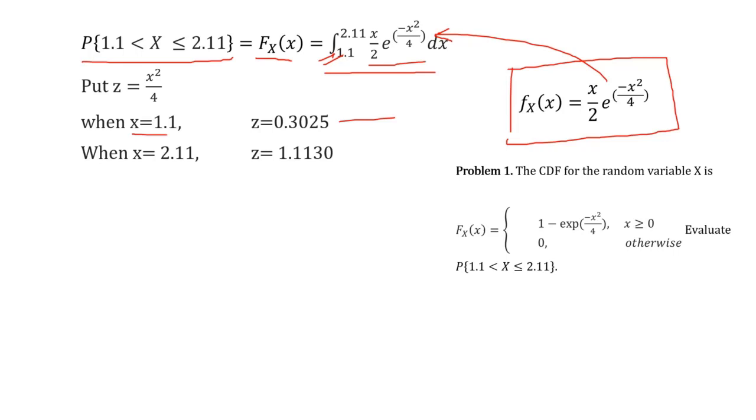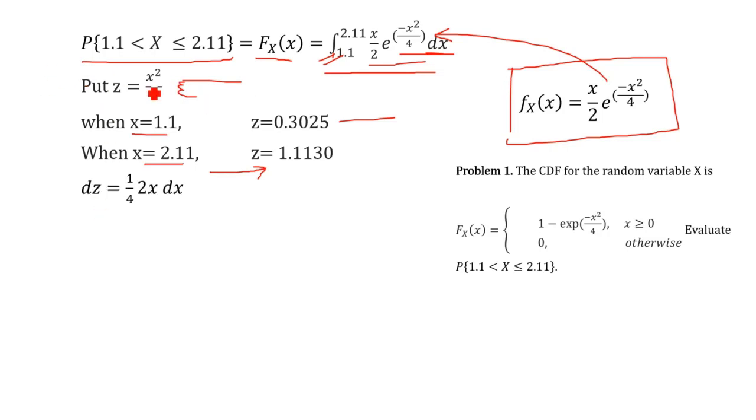Then what is the value of z when x equals 2.11? 2.11 squared divided by 4, and as a result we get z equal to 1.1130. Now dx should be replaced in terms of dz, so differentiate it.